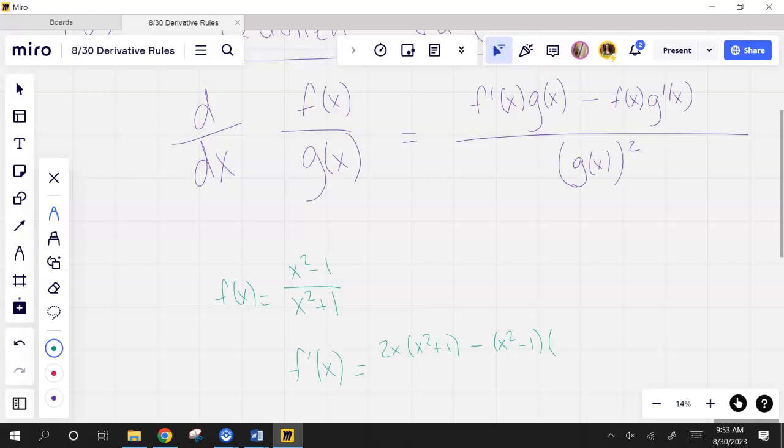What's the derivative of the bottom? All over the bottom squared. You don't have to simplify yet. We'll get to some where you'll have to for various things.